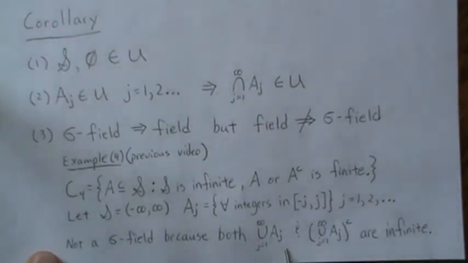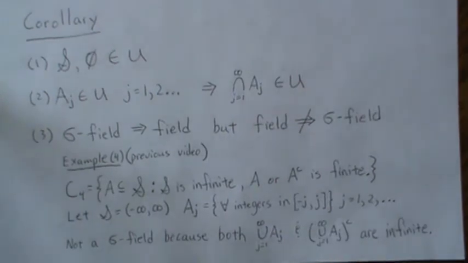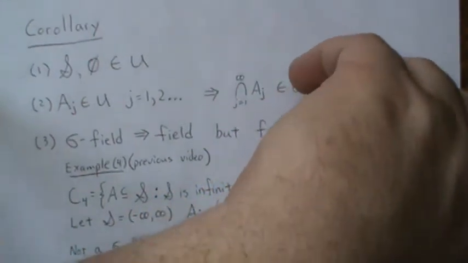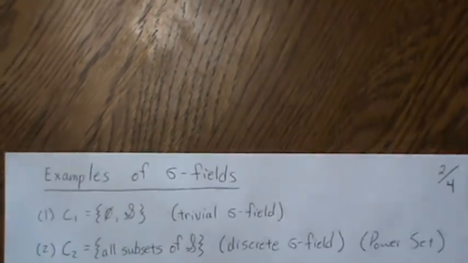But if we take an infinite number of these intervals, then this is infinite, and its complement is infinite. And so they're both infinite, so it's not in the set. So it doesn't fulfill the requirement of a sigma field. But that's a simple little example to show you that a field is not always a sigma field.